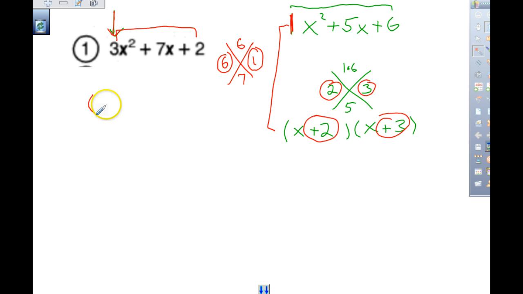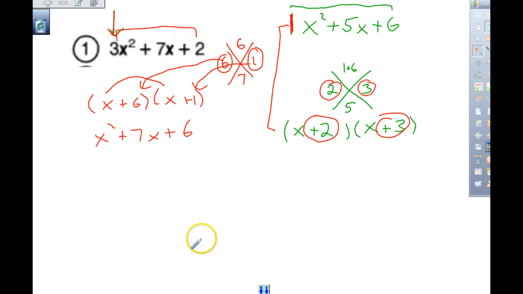But if you try that here, x plus 6, x plus 1, this does not multiply back to this. If you multiply this together, you get x squared plus 7x plus 6. It doesn't equal this. So you cannot just take these numbers and just drop them in here. Like so.